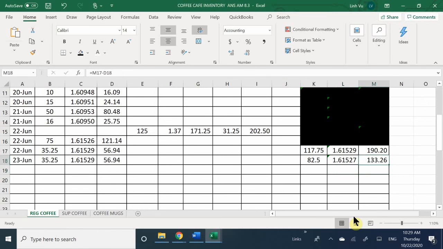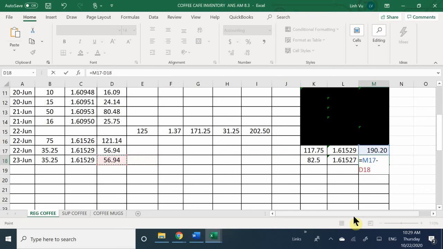But for my total cost, this is what I did. I just took the 190.20. Because I know that I placed my equal round here, I can subtract directly from this exact cell, so I'm just cell referencing.